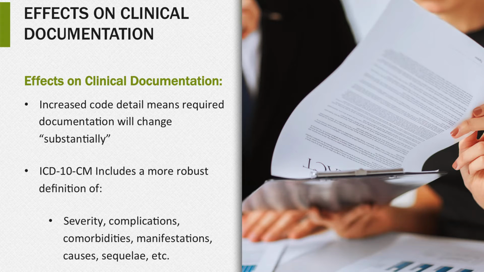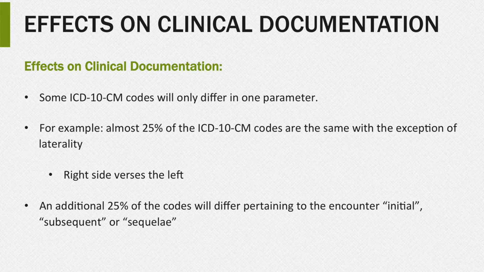Today we're going to talk about how ICD-10 affects our clinical documentation. Because ICD-10 includes a more robust definition of aspects of the diagnosis or injury, the documentation will require more specific documentation. Some of the ICD-10 codes will differ in only one parameter.